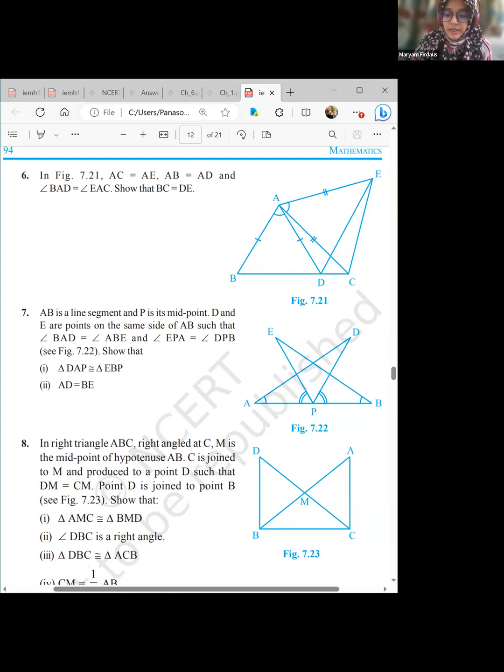We go from E, then to A, then to C. That is how we get angle EAC.